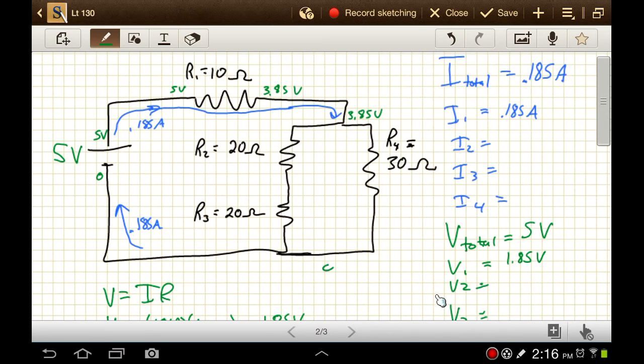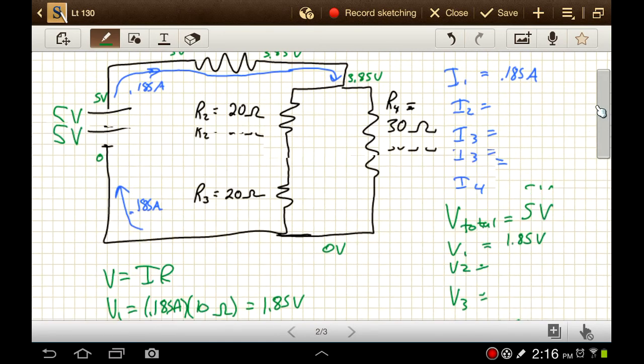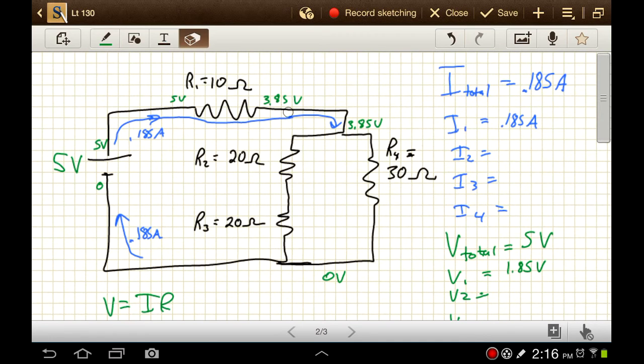So across this one resistor, we have to drop by 3.15 volts. Okay, so then we know that R2 and R3 have to have a total voltage drop of 3.15 volts as well. So we can figure out how much current and how much voltage drop they each have as our next step.